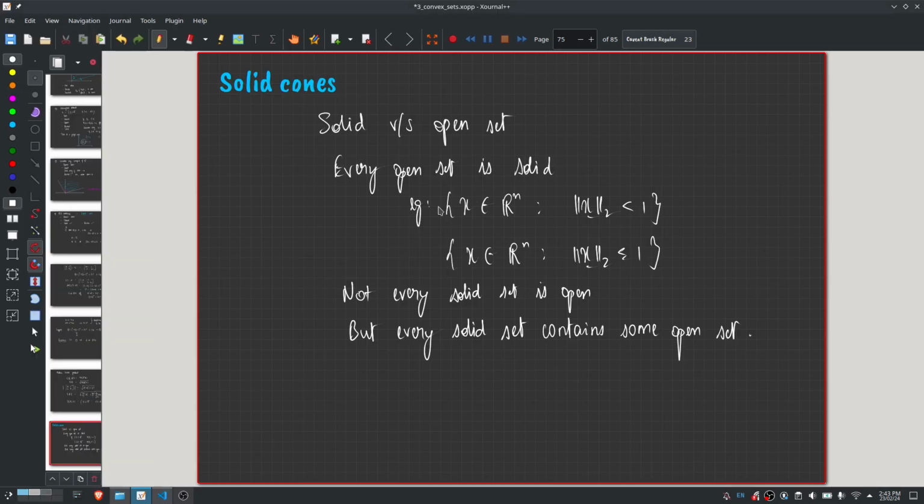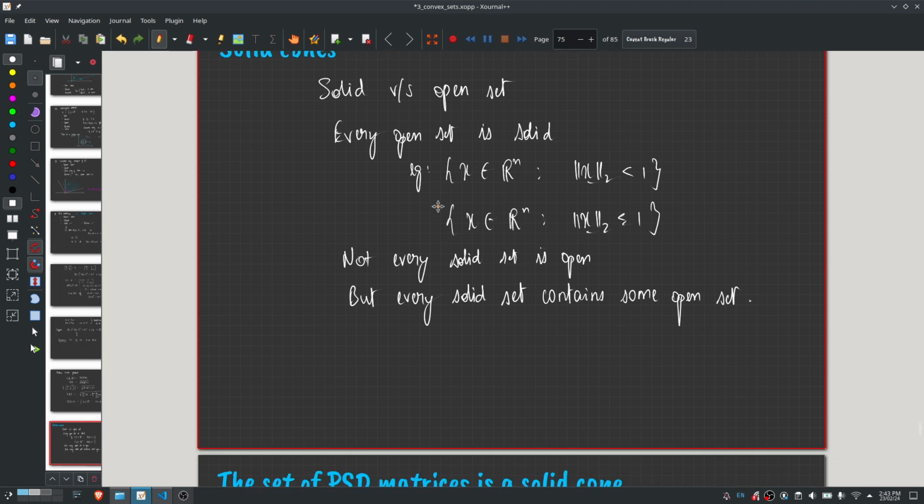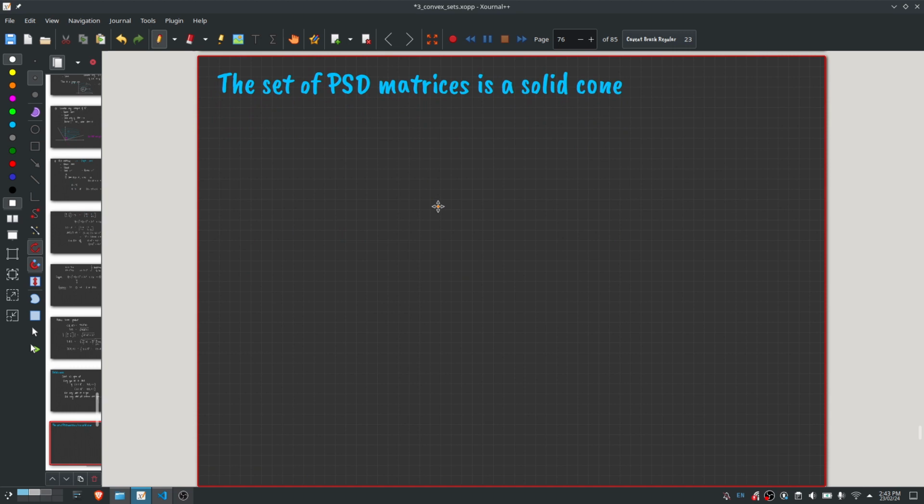Okay. So that's what we mean by a solid cone, and our goal is to show that the set of positive semi-definite matrices forms a solid cone. So it has a non-empty interior, and we make an even stronger statement.